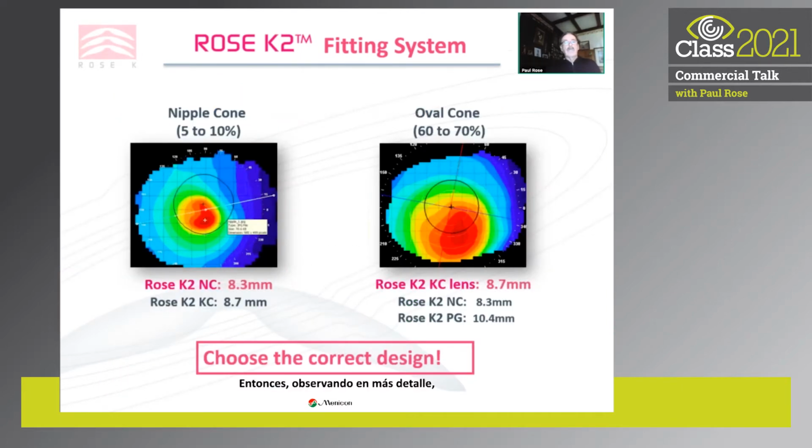So looking at this in more detail, nipple cones represent about 5 to 10% of cones that you see. The average or standard nipple cone is only 8.3 millimeters, a very small lens, although you have a large range of diameters that you can go up to. So typically, if you have the type of fluorescein pattern that you see here, a very, very steep central small cone, your first choice would be to use the nipple cone design.